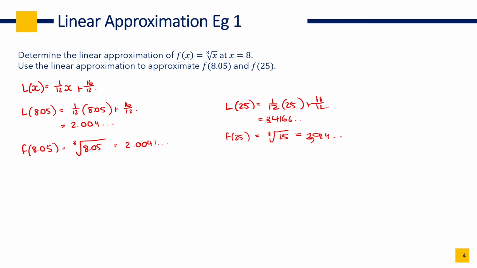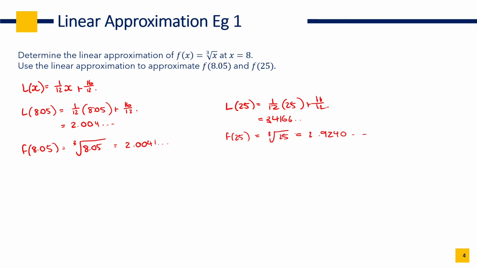Let's just redo that. 2.9240, etc. So you can see there's quite a large difference at 25, because 25 is pretty far away from the 8, where we took our linear approximation.